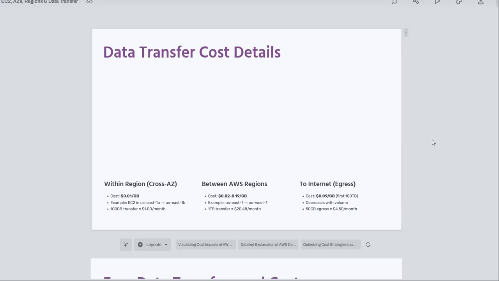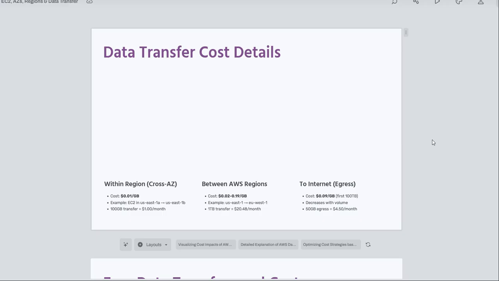And between AWS regions, the cost is 0.02, about 2 cents per GB. Normally, if you transfer one TB, it costs $20.48 per month.